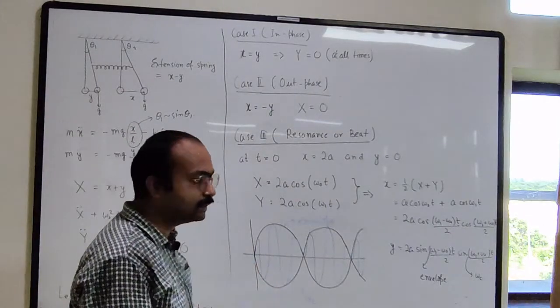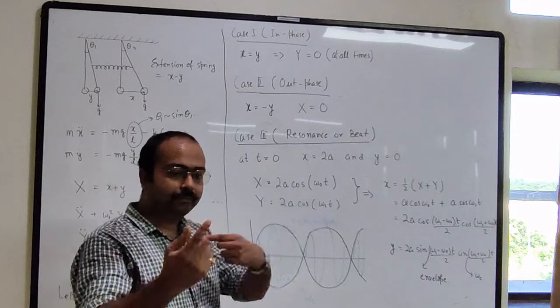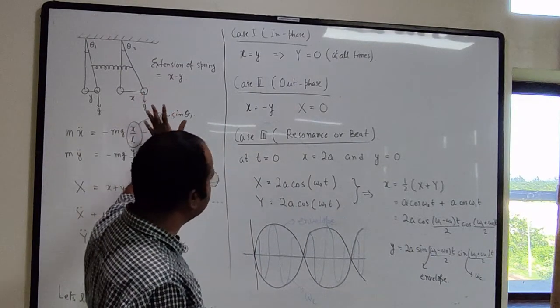In an ideal situation, they can go till infinity with this kind of to and fro motion. So how do we write down the equation of motion for this?